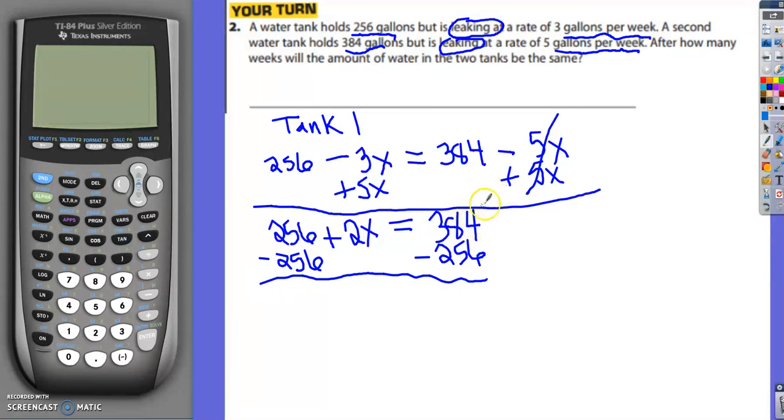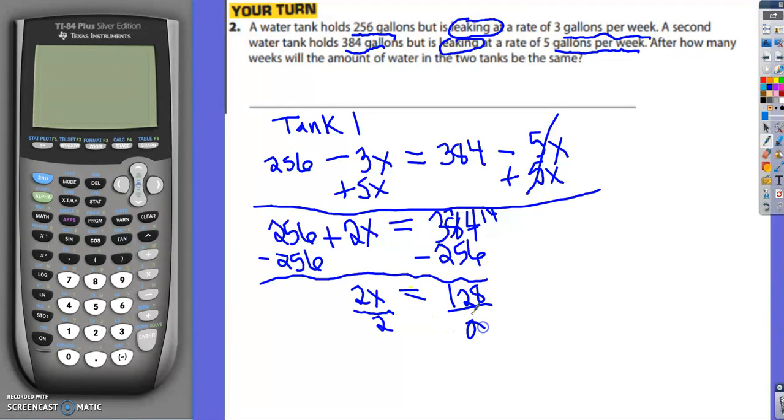So we're going to borrow. 14 minus 6 will get me 8. 7 minus 5 is 2. And 1, so 128. Bring down the 2x. The 2x are multiplying. The inverse is division.